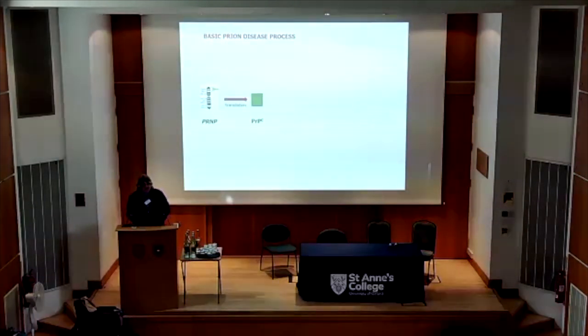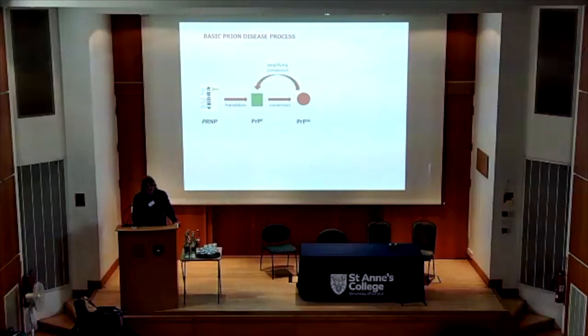So if we go to the disease process in prion disease, we all have the gene, PRNP, which has the code for making prion protein. And the normal prion protein is usually designated PrPC. However, in disease, it converts to the abnormal form, which we call PrPSc, very broadly speaking.